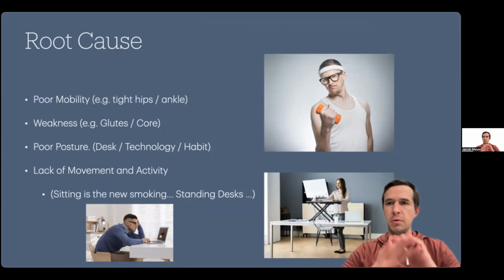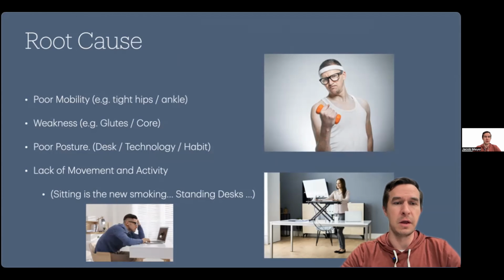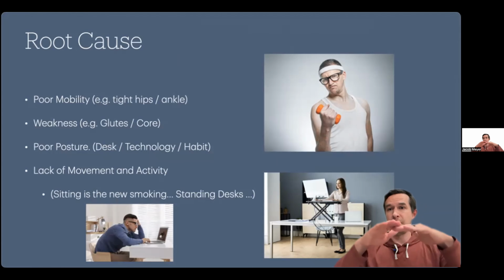So a lot of times, like I already mentioned, weakness might be in your core, your glutes, very common spots to see, just because we don't use them much in the way our society is, unless you're actively working out a lot. Poor posture. So think about it. Our society, we're sitting a lot. You wake up, you lay on your nice flat bed, you come down, sit, eat breakfast.